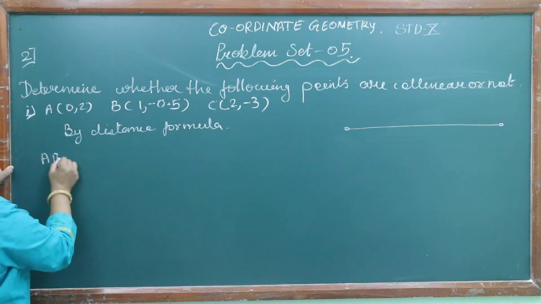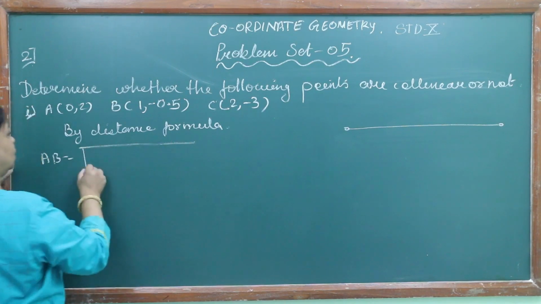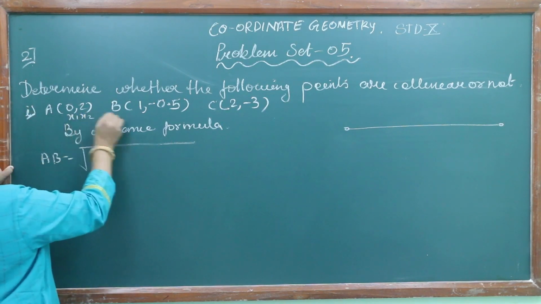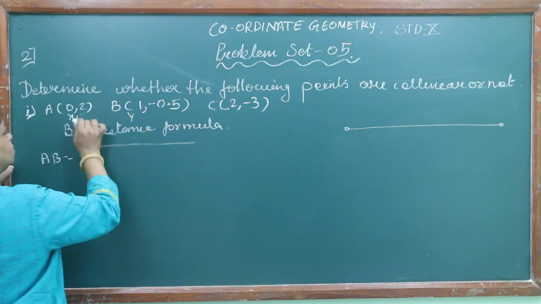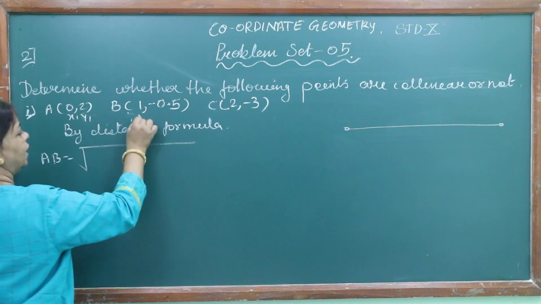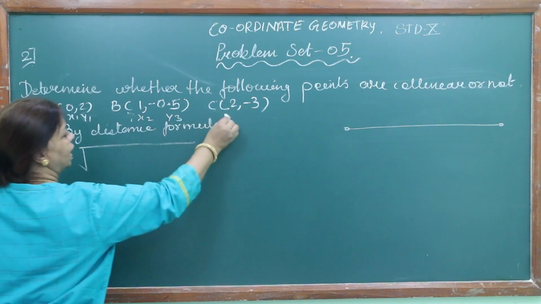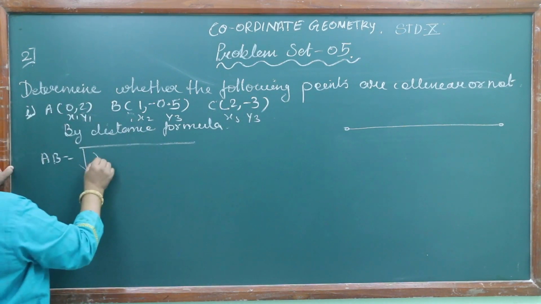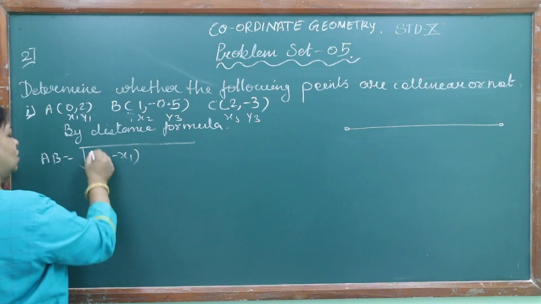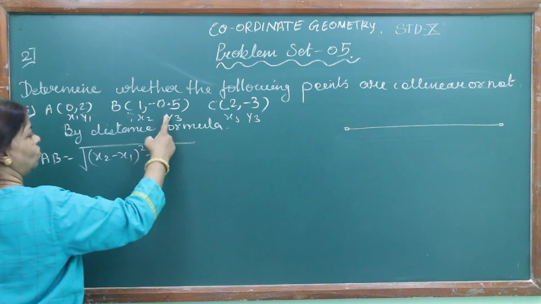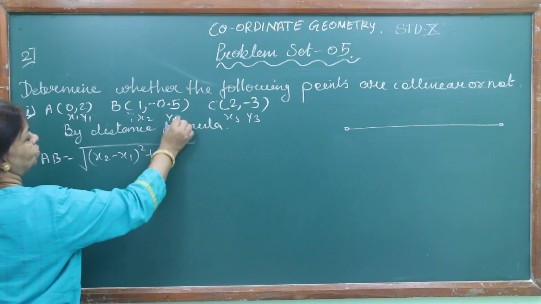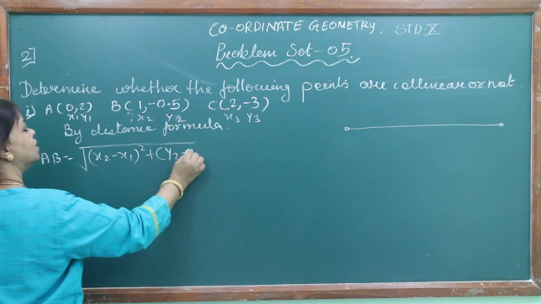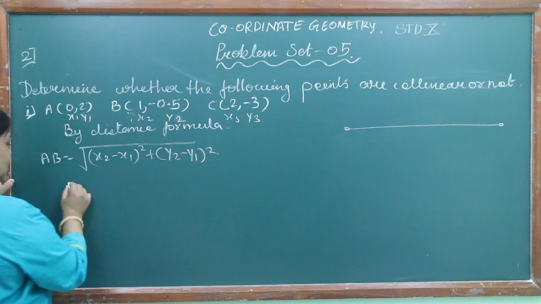So AB is equal to under the root, let me take it as x1, y1 and x2, y2, x3, y3. So this is x2 minus x1 the whole square plus y2 minus y1 the whole square.